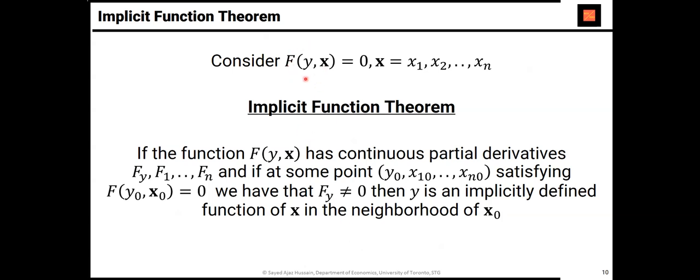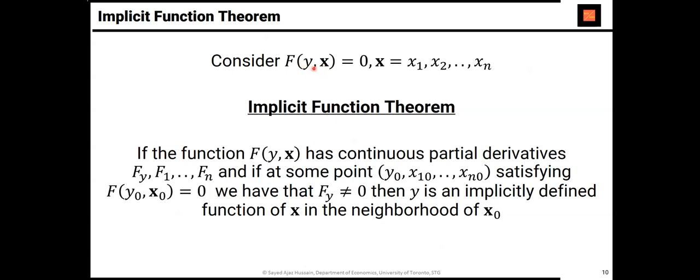Consider an implicit function: a bunch of y's and x's is equal to 0. If this left-hand side has continuous partial derivatives, and there's some point out there, some values of y's and x's, where this left-hand side is equal to 0, and the partial derivative with respect to y at that point is not equal to 0, then it is true that y is going to be a function of x. So one more time, there's a bunch of y's and x's.